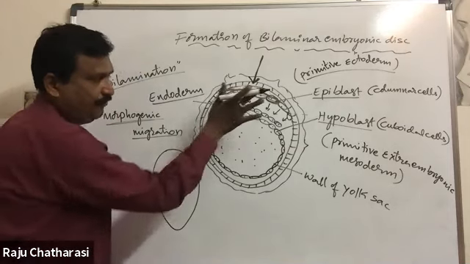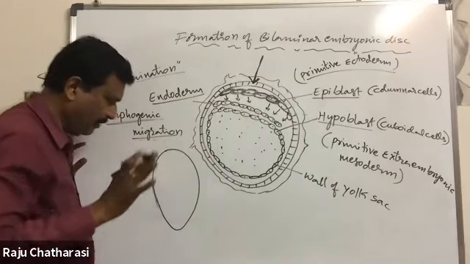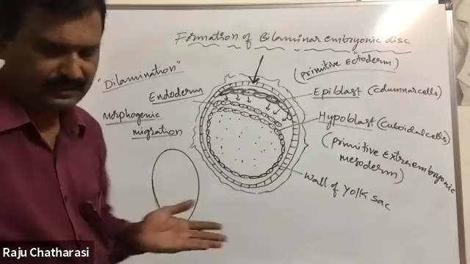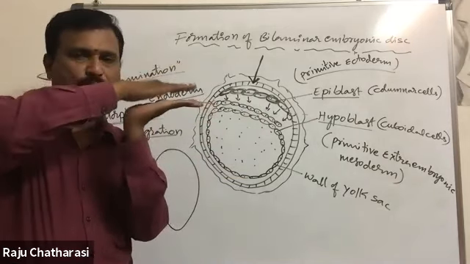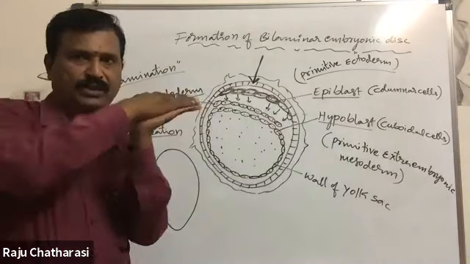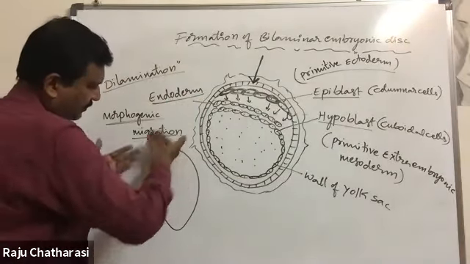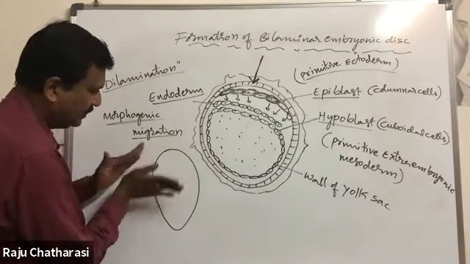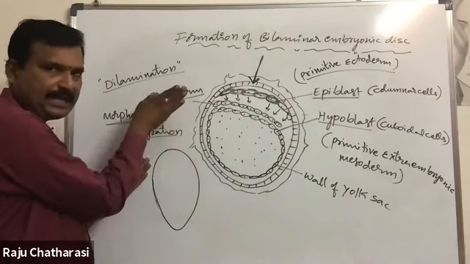This is the lateral view, and here this is the upper view. This is epiblast, this is hypoblast. So in the upper view, on that side this is epiblast, on that side endoderm is there, and yolk sac is there.